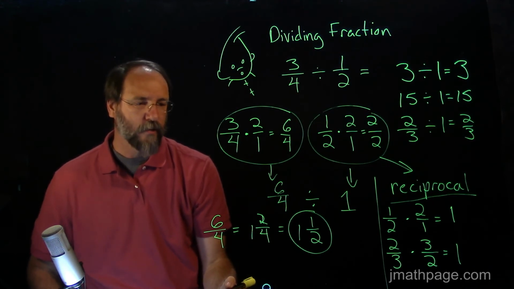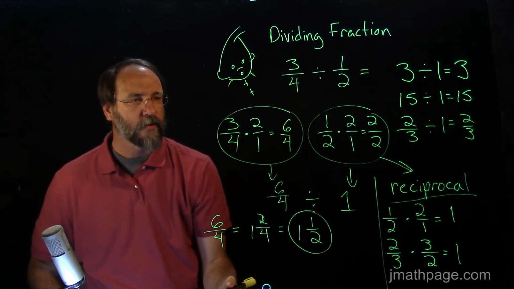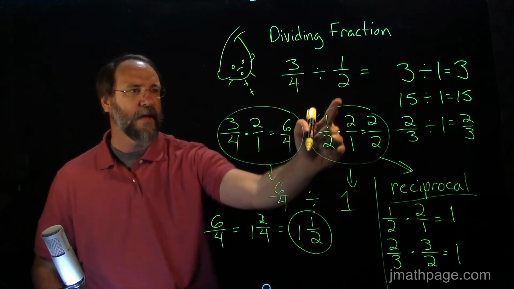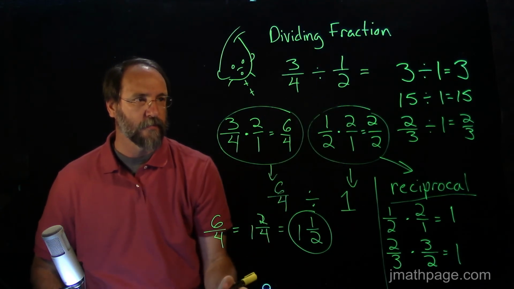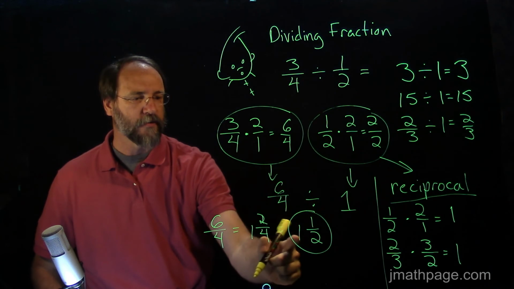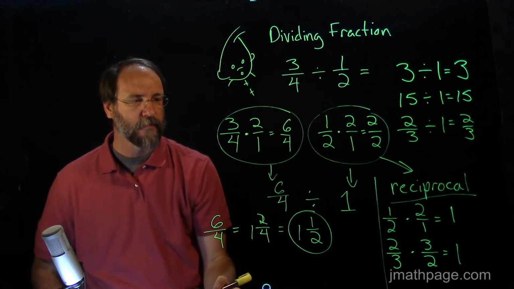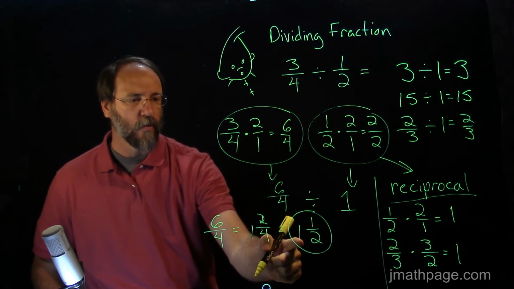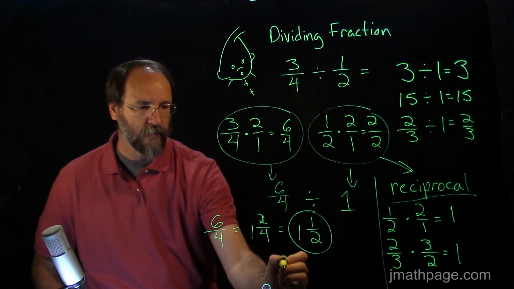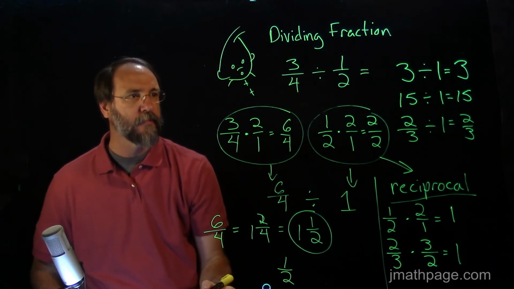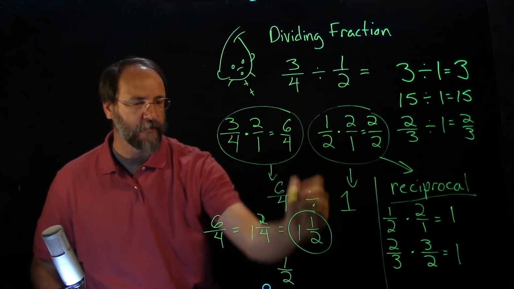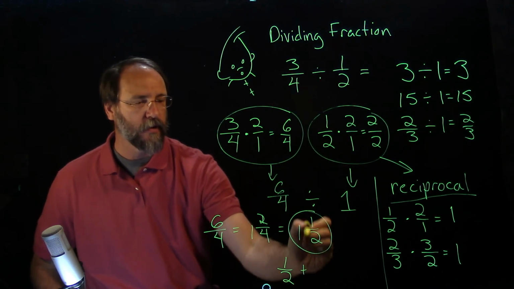Now, how do we know that? Let's ask the question again. How many halves are there in 3/4? What we're saying now is that there's 1 1/2 halves. Let's try that out. 1/2 is a half. A half of a half is a quarter.